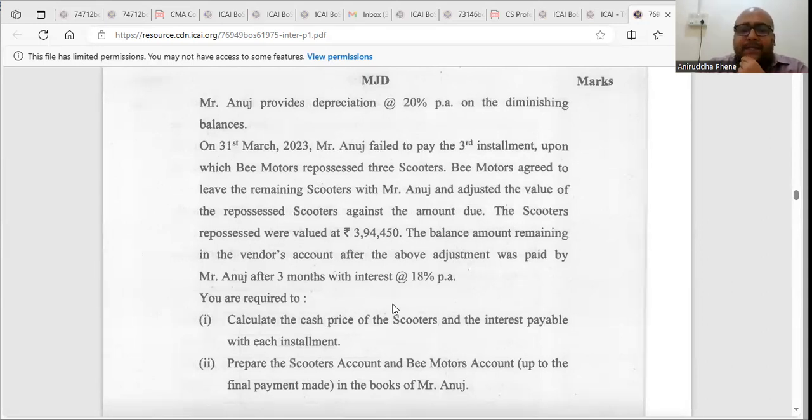Secondly, there is a repossession part there. So repossession is also happening. So they have added cash price calculation, interest payable calculation, and repossession sum they have mixed. So normally in the module, repossession sums are different, cash price sums are different. Here they have combined it.